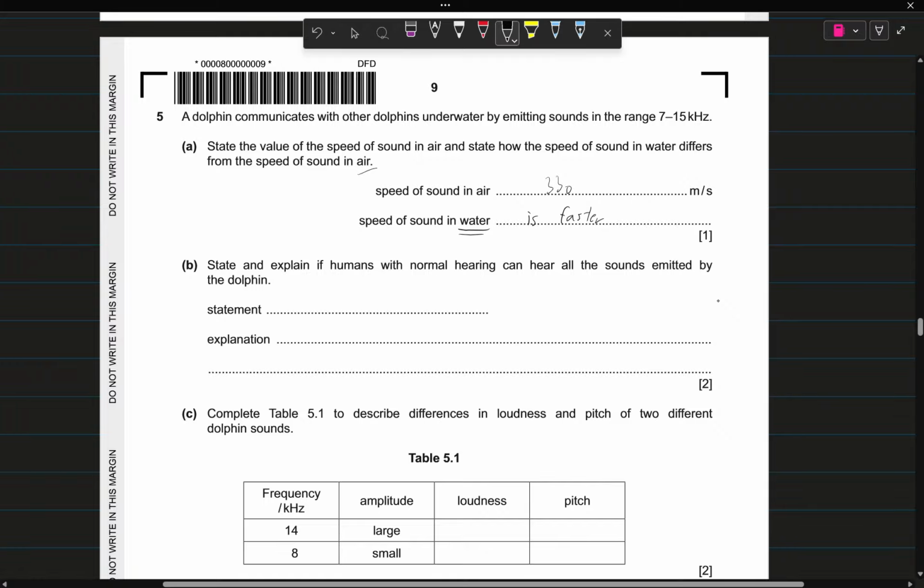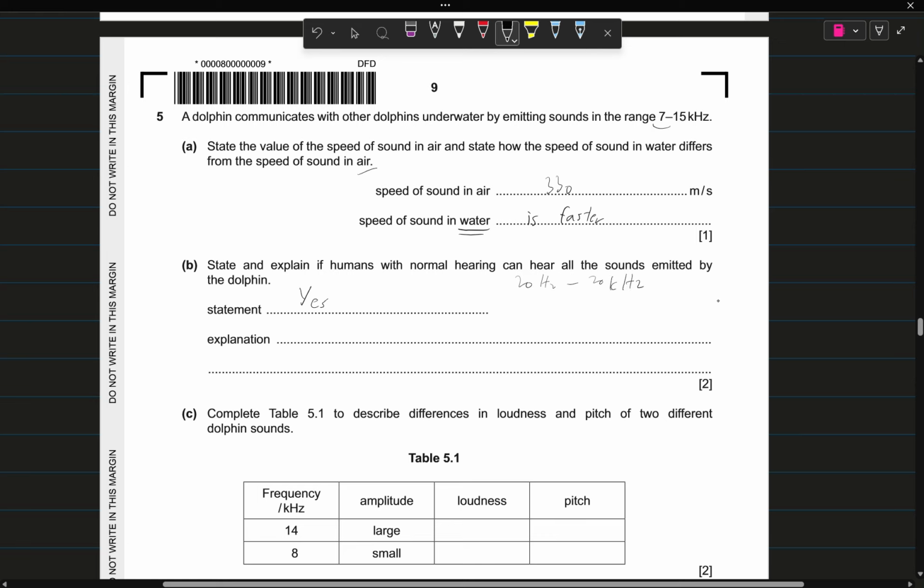Okay, for part B, state and explain if humans with normal hearing can hear all the sounds emitted by a dolphin. The answer is yes. Now, some of you might be confused because humans can hear from 20 hertz to 20,000 hertz, or we can convert that into kilohertz, where it's 20 hertz to 20 kilohertz.